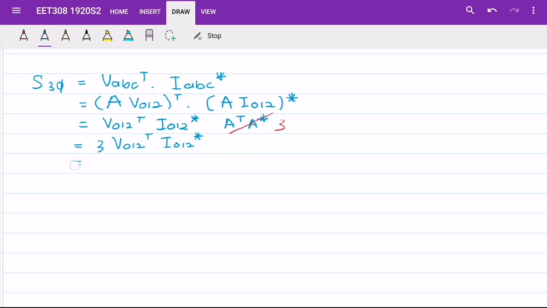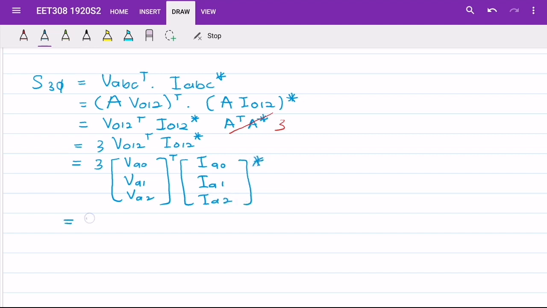Then we expand the equation. We get 3 times VA0, VA1, VA2 transpose, times IA0, IA1 and IA2 conjugate. So we transpose the symmetrical component voltage and then multiply with the IA0, IA1, IA2 conjugate.